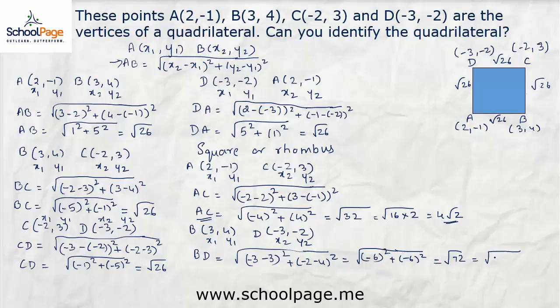Root 72 can be written as square root of 36 into 2, which is equal to 6 root 2. Hence we have found the length of the diagonal BD as 6 root 2. Since the diagonals are not equal but all the sides are equal, this quadrilateral is a rhombus.